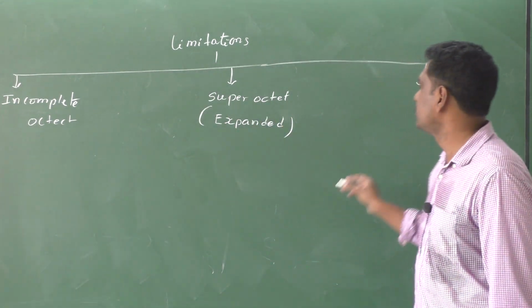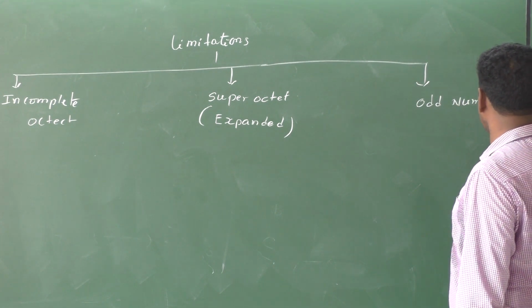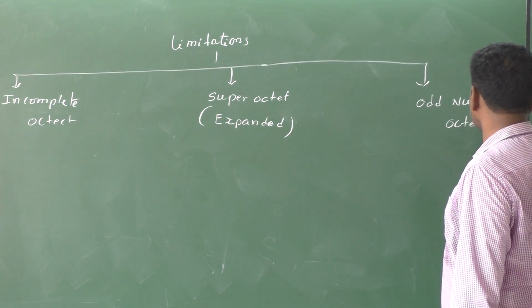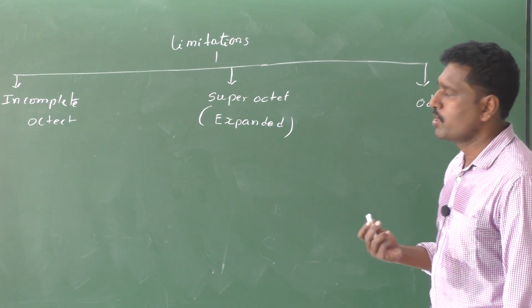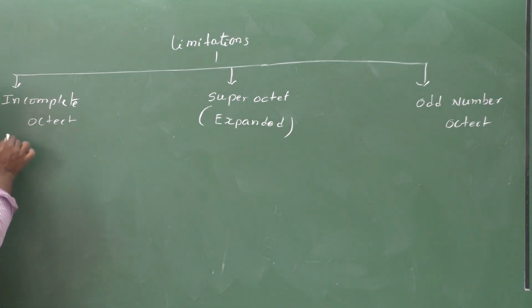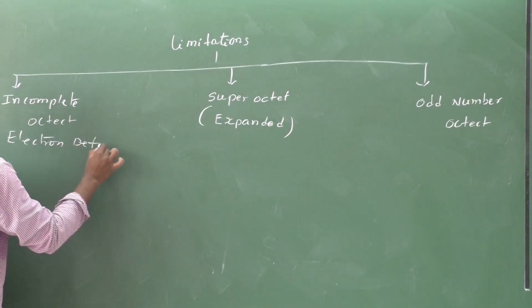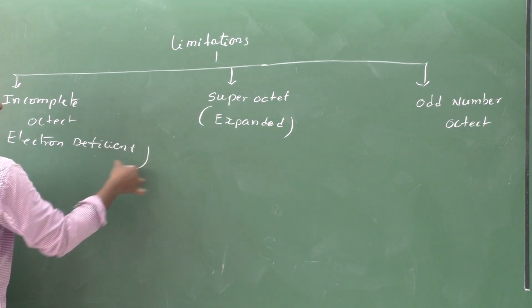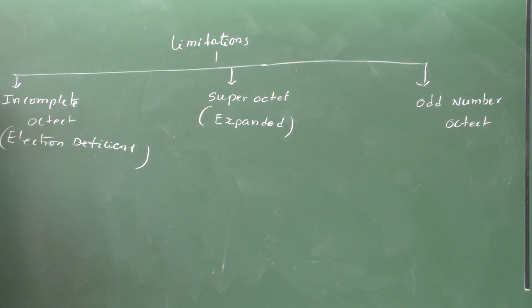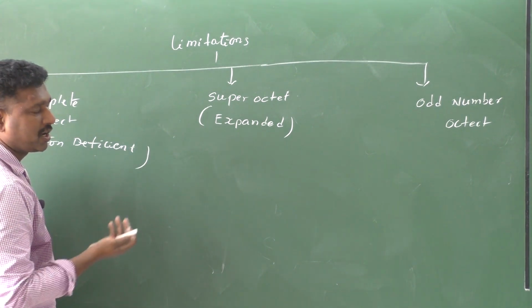After that, odd number octet. For this I will give an example. These are also called electron deficient molecules. So what are electron deficient, what are super octet or expanded, and what are odd number molecules?